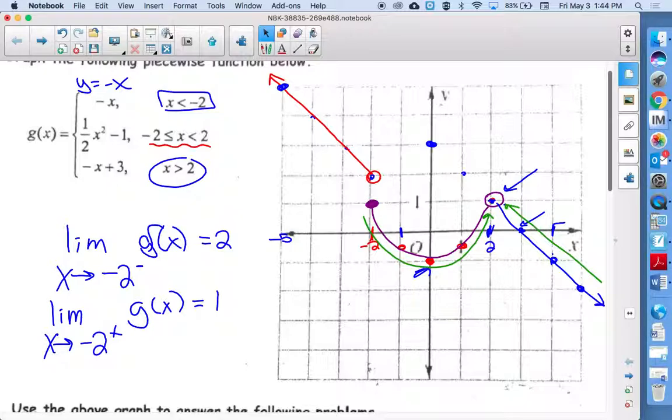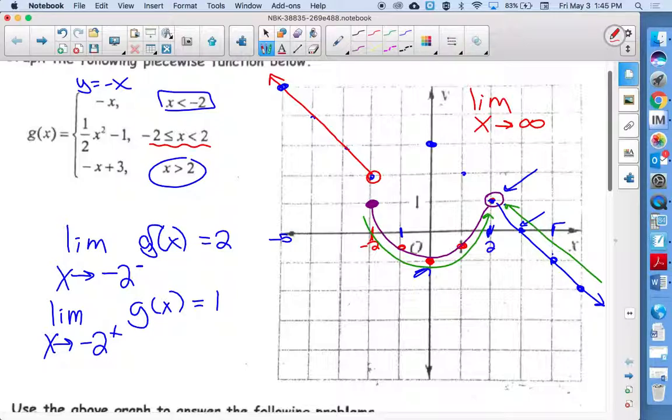Jen? If it approached infinity, would it reach 0? That's a good question. So she said if it was going to infinity, so as x is going to positive infinity, Jenna, where's the y value going? This guy's going negative infinity.